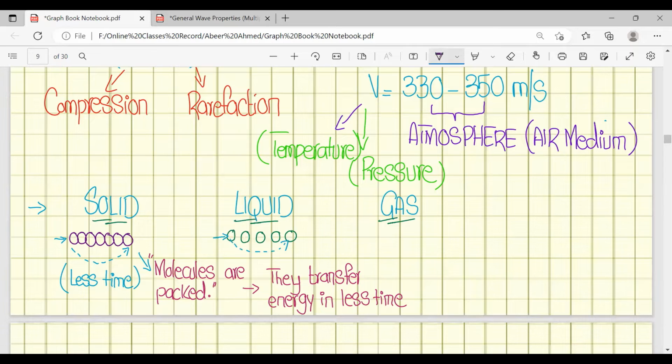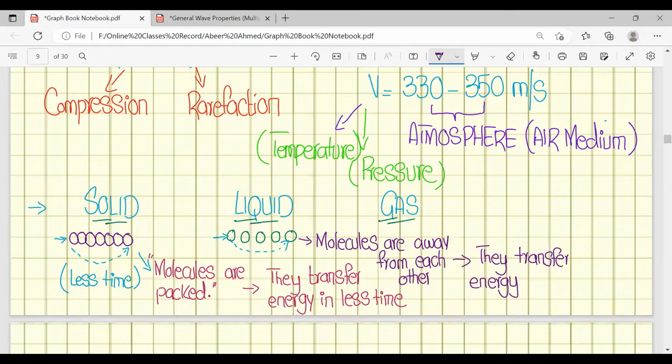So we can say that molecules are away from each other, so they transfer energy slowly as compared to solid, right?